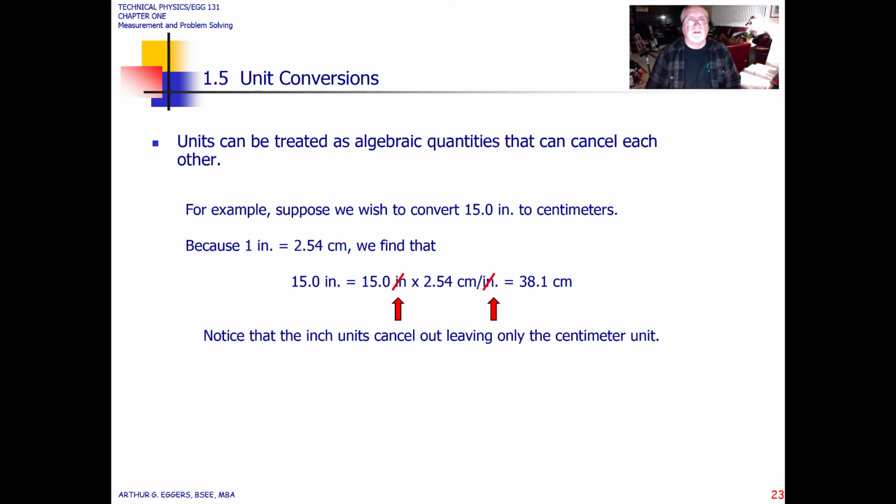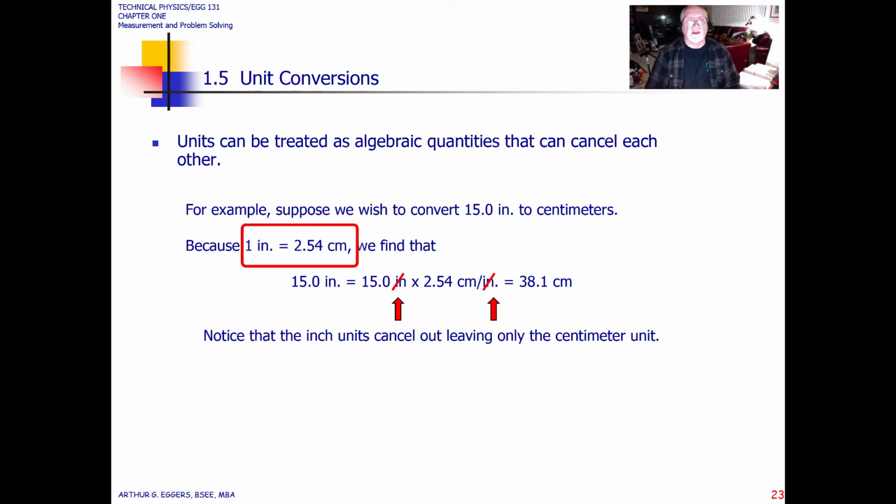So for example, suppose we wish to convert 15 inches to centimeters. Because 1 inch is equal to 2.54 centimeters, we find that 15 inches is equal to 15 inches times 2.54 centimeters per inch.